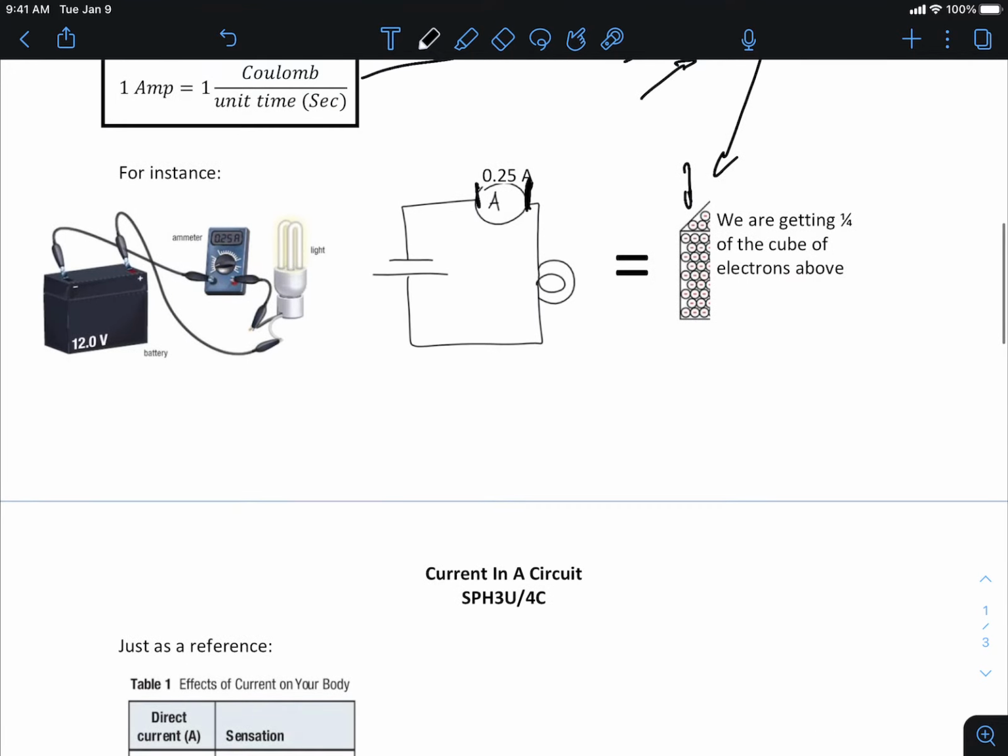We've got to convert them: millicoulombs to coulombs, and this 0.75 minutes to seconds. Let's start with that one. You'll recall 0.75 would be 3/4 of a minute, which you know as 45 seconds.